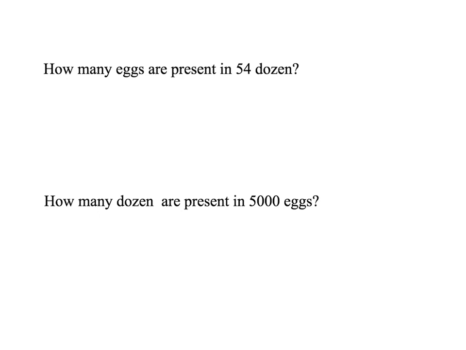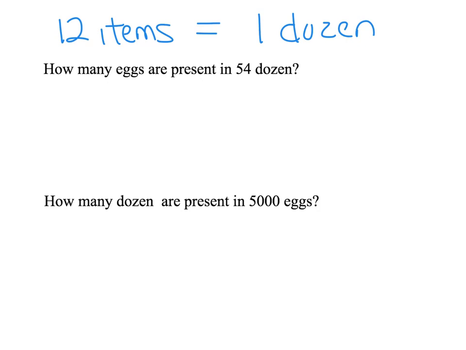And what we know by thinking about the relationship between eggs in a dozen is we actually know a ratio. We know that there are 12 items, in this case, eggs, in 1 dozen. It doesn't matter what we're counting. There's 12 in a dozen.